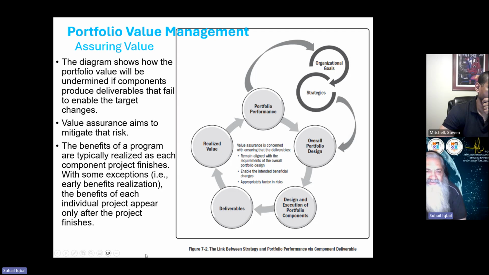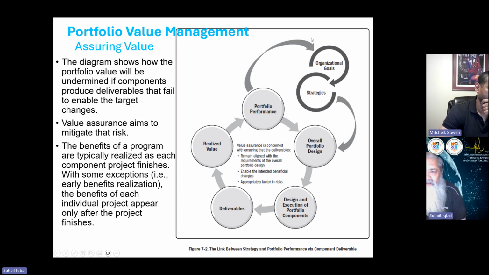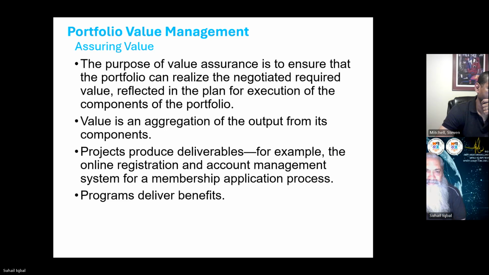I think this was simple, not very complicated. While this figure shows a cycle, activity at any point can be continuous. For example, the organization may continuously develop and refine new strategies. So this thing is going on and on. In this cycle, strategy may be input at any time.